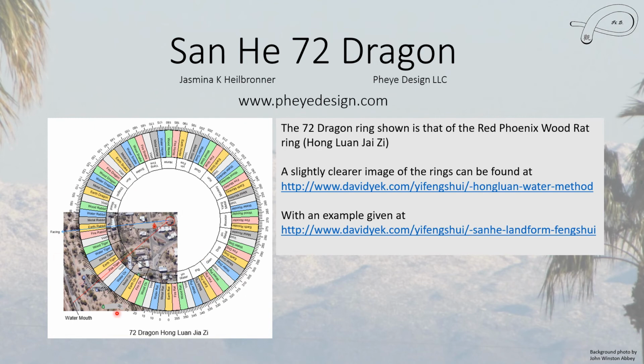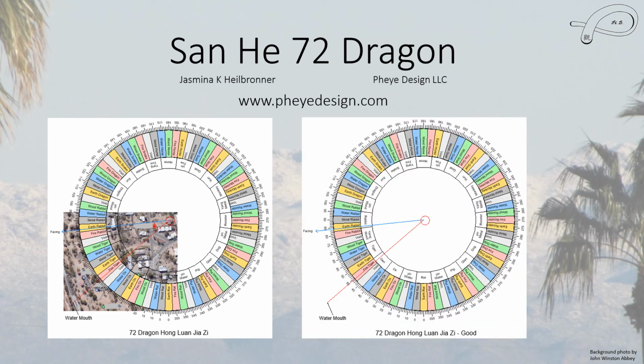And to help you see this better, I've taken away the image of the landscape. And so this is what it looks like. The house is circled. The center is where the door is located. And so your watermouth is in the fire tiger sector, and the facing is in the earth rabbit sector.